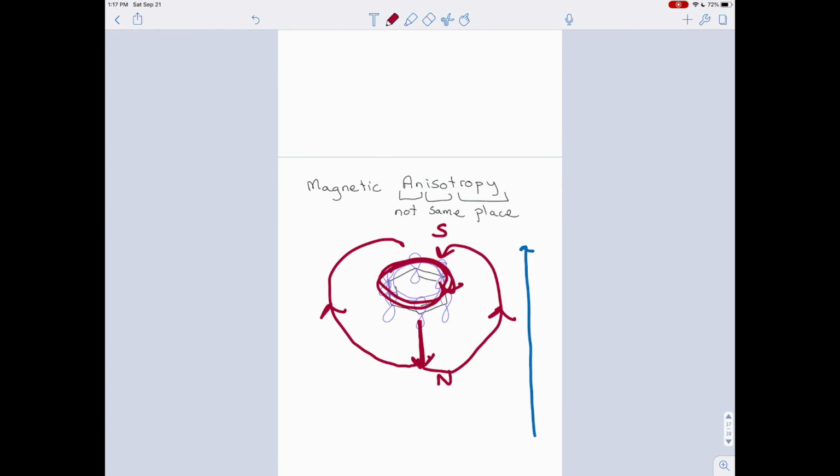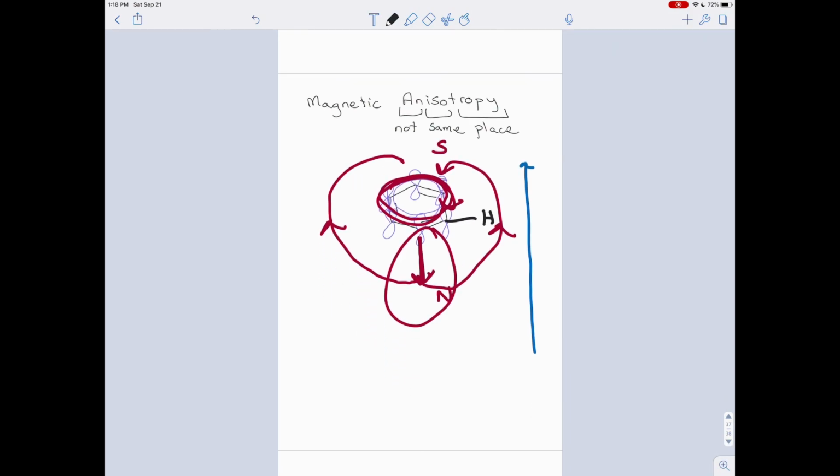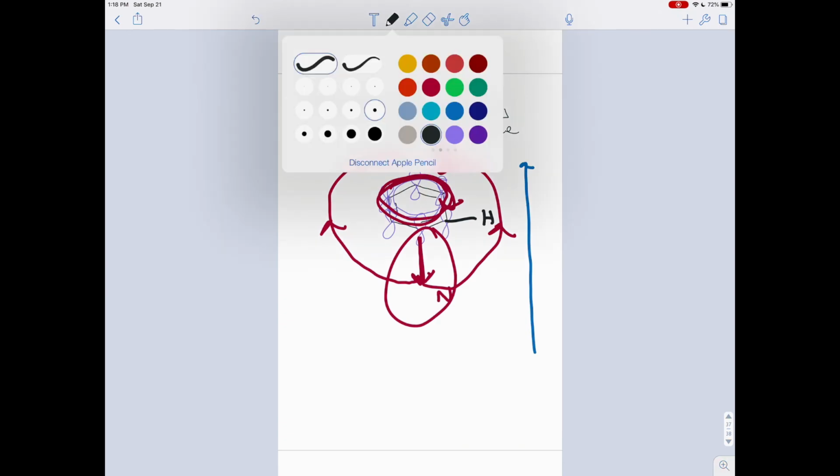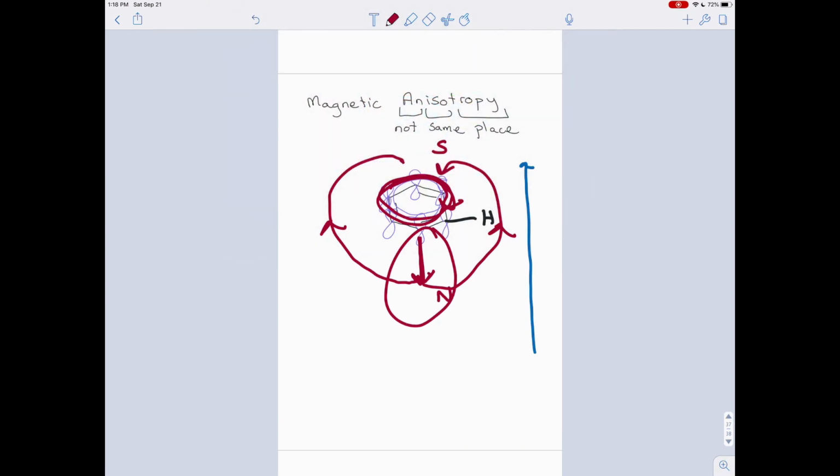Now notice, the magnetic field points down in one place and up in other places. It's not the same in every place. So that's anisotropy. Think about how that would affect a hydrogen on one of these carbons. That hydrogen, the electrons don't make the magnetic field around that hydrogen smaller.